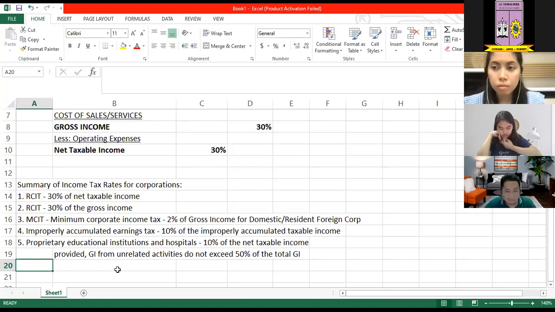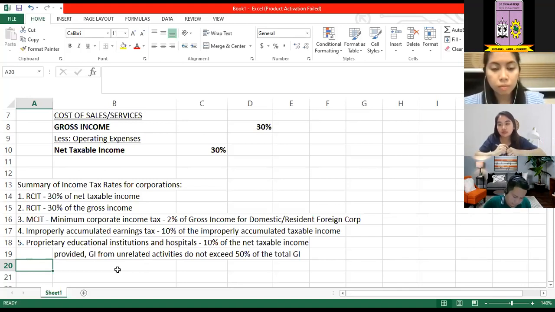So, bigyan ko ng example ng mga ancillary activities. Alam nyo, yung mga schools, meron yung mga ancillary activities, no?